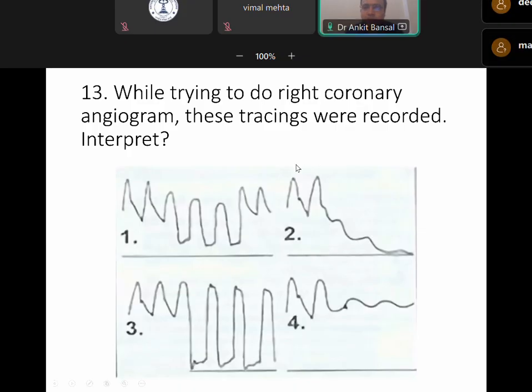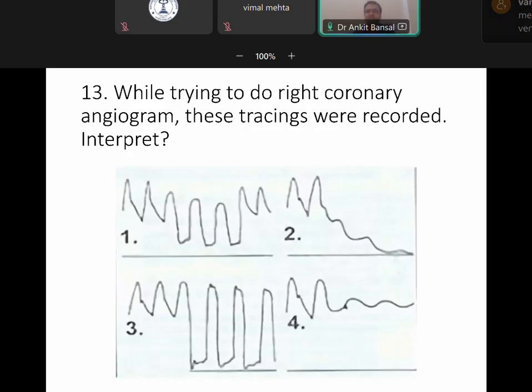Okay. So the catheter is deeply engaged and maybe hitting the wall or gone into the plaque. So wedging is a different word. Wedging is used when the catheter is snugly fitting into the ostium. Then it is wedging.